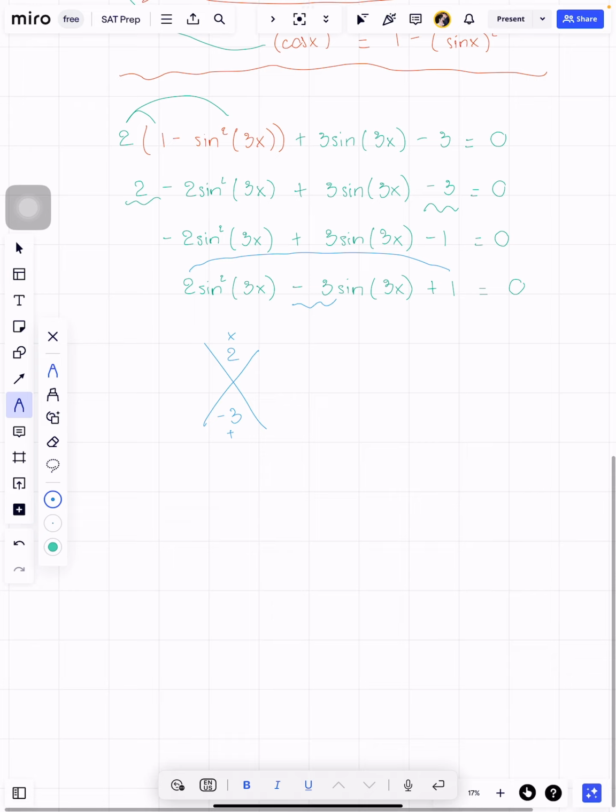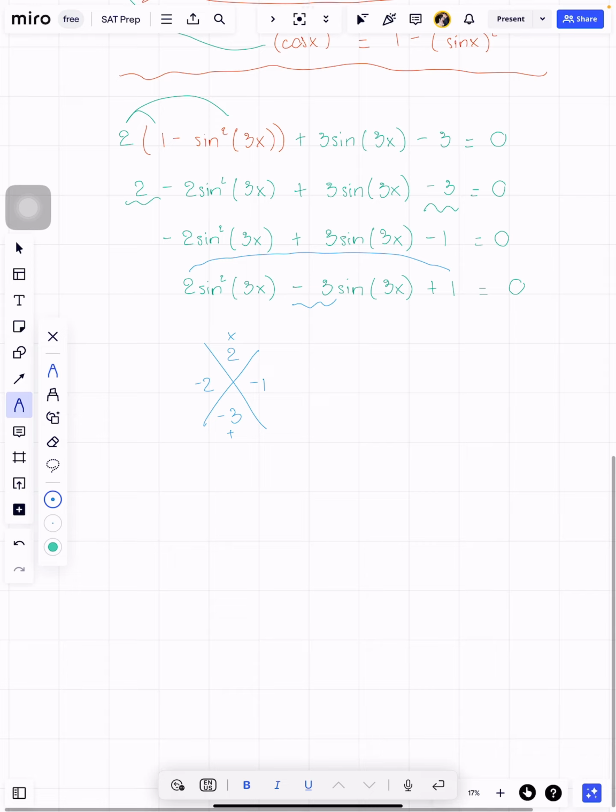Take 2 seconds to think about that. And I'm thinking negative 2 and negative 1, right? Because negative 2 times negative 1, you do have a positive 2. And negative 2 plus negative 1, you do have a negative 3, right? So the negative 2 and the negative 1 is the pair that we're looking for in this problem.